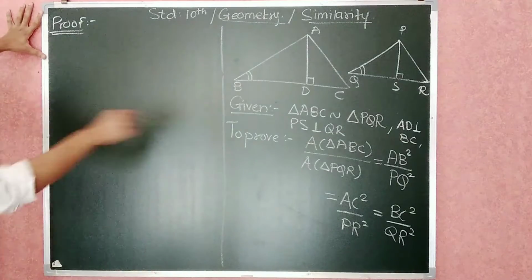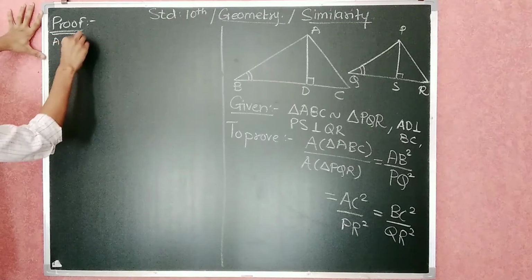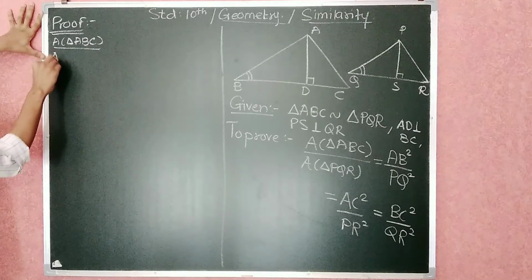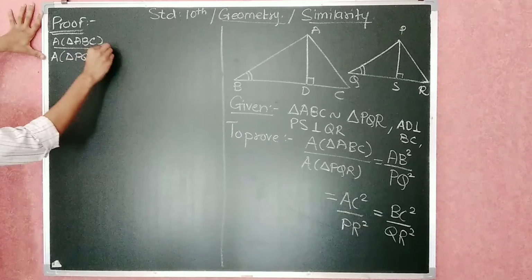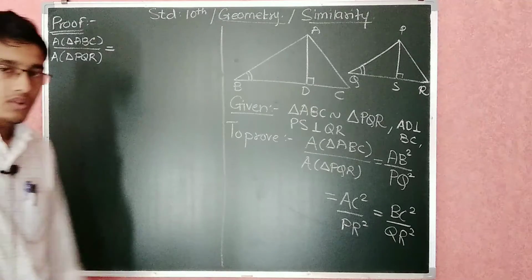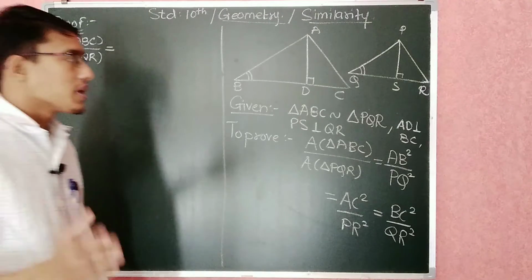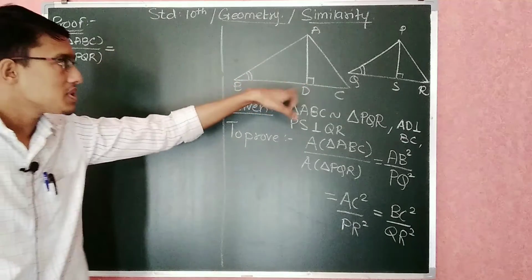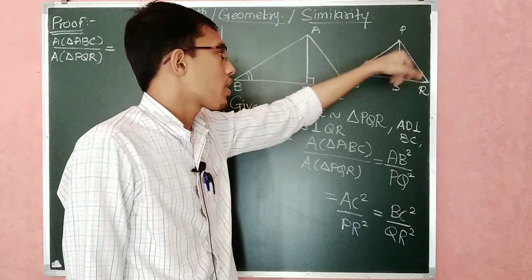We know that area of triangle ABC upon area of triangle PQR is equal to, what is the formula of area of any triangle? The formula is half into base into height. So half into base BC into height AD upon half into base QR into height PS.